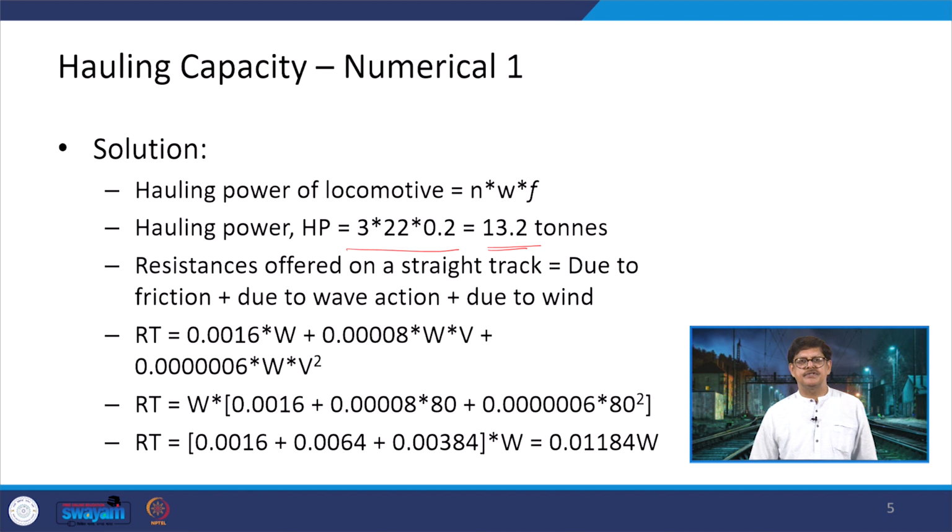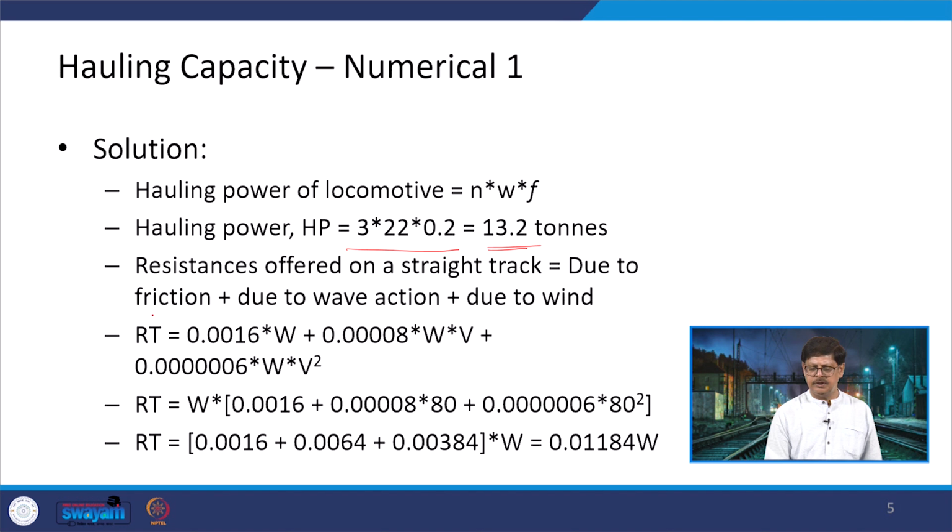Now, what are the resistances which are offered on a straight track? There is no curvature and no gradient effect. So the initial values are going to be there, related to the resistances which are dependent on speed or not dependent on speed, and the atmospheric condition.